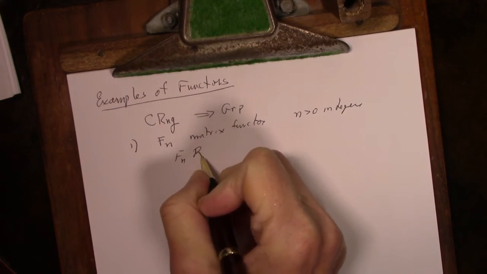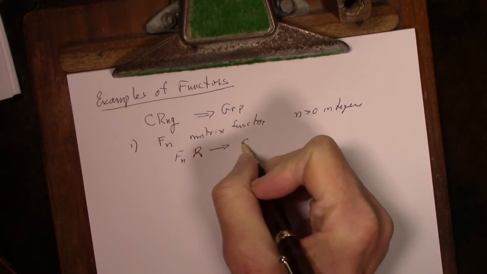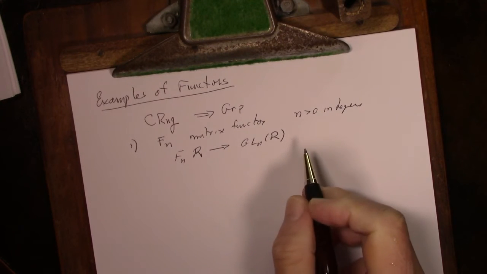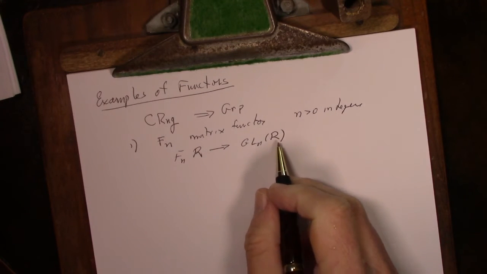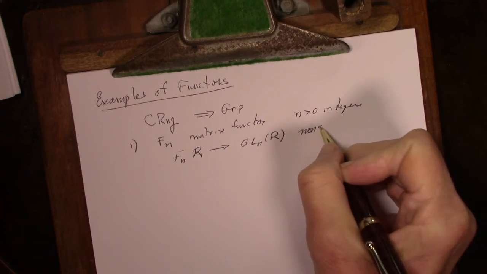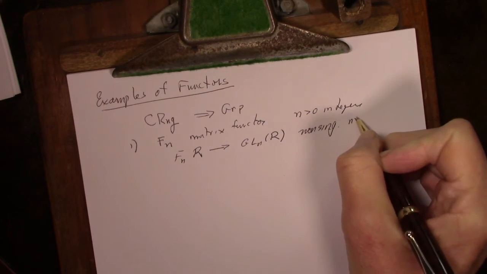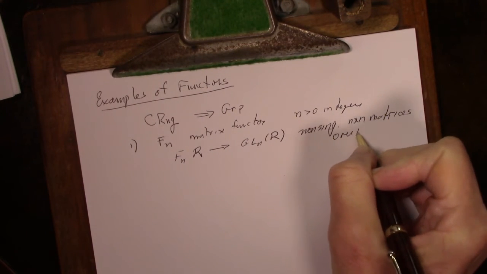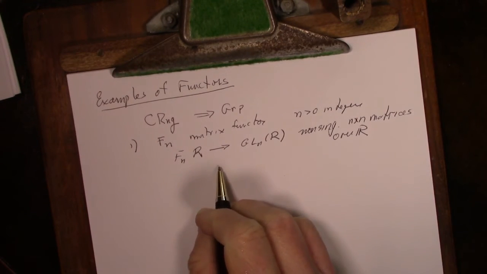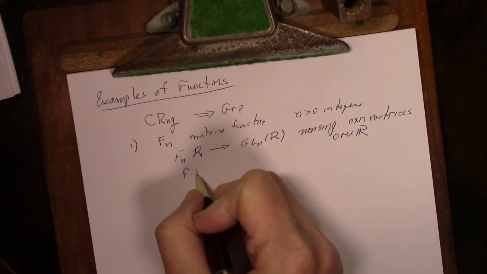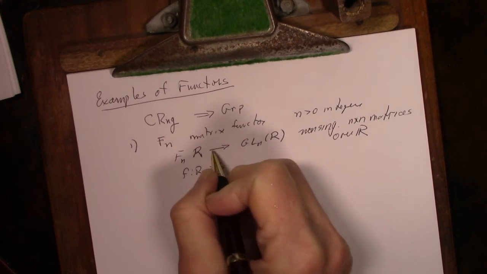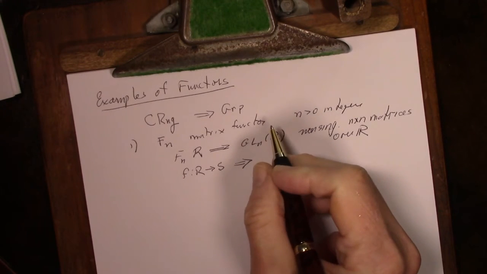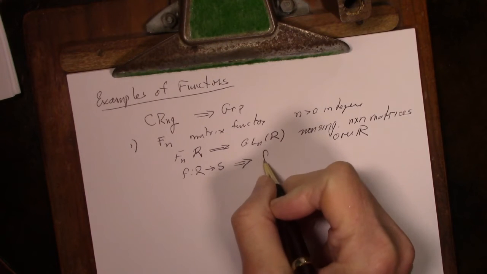Fn takes a ring R to the general linear group, which is the group of all non-singular n by n matrices over R. A morphism between rings, a ring map, will get sent to the same map applied element-wise to the matrices.